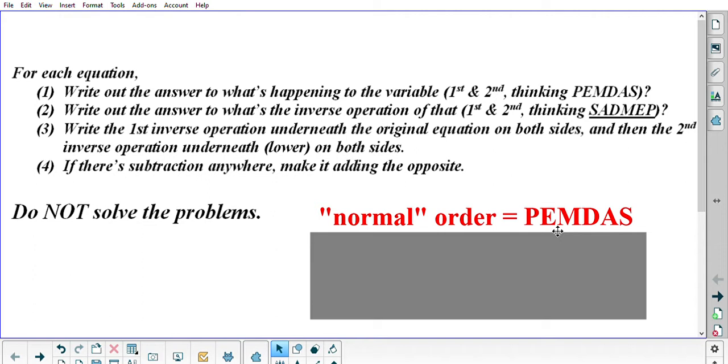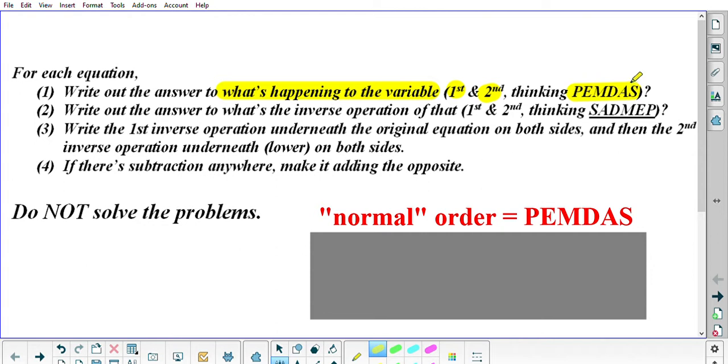That's the normal, quote unquote, order that we follow when we evaluate expressions or when we simplify expressions. That's the order that you're going to use when you answer what's happening to the variable. So the first thing and the second thing that is happening to the variable, you will be thinking of PEMDAS. Parentheses first, exponent second, then multiplication and division, then finally addition and subtraction.